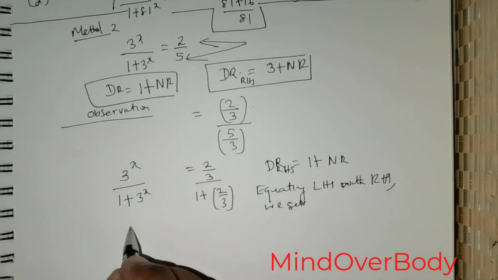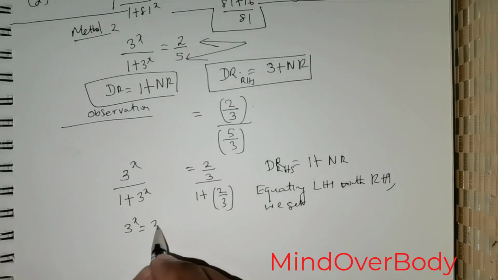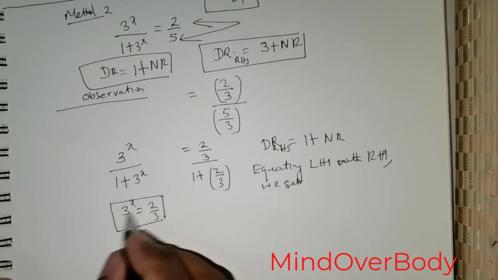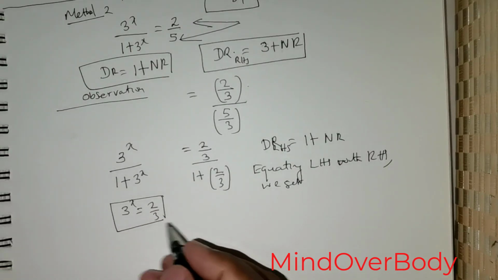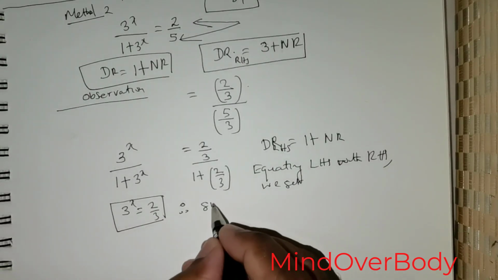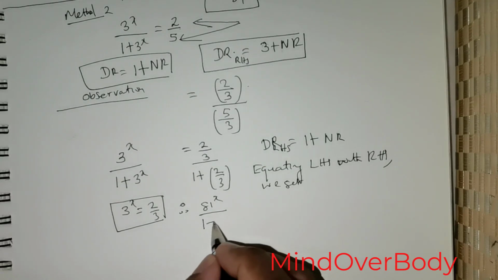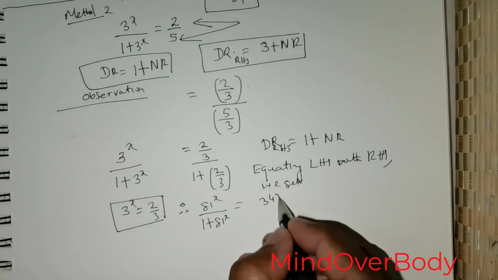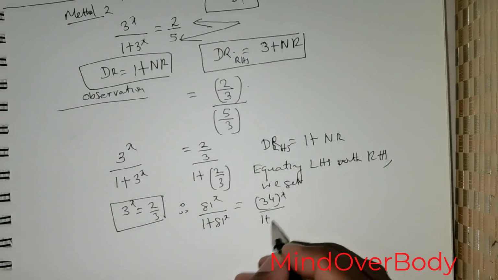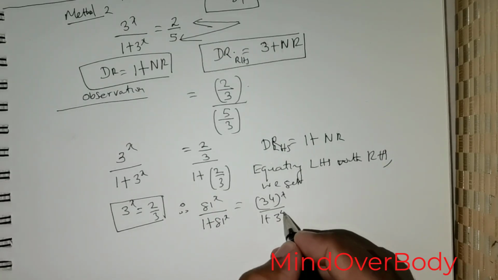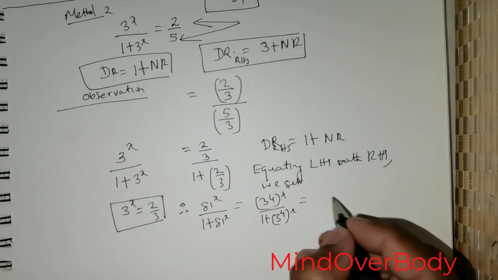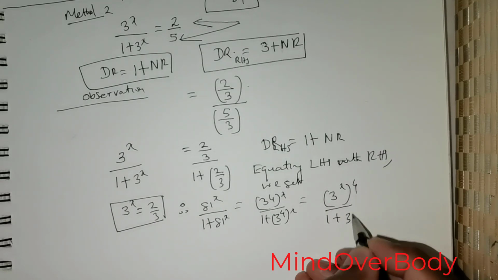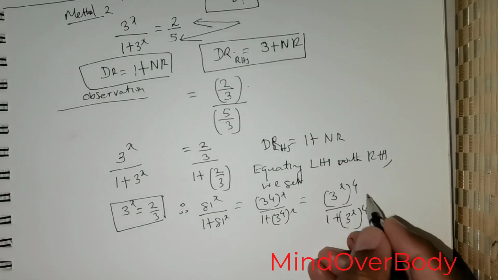So what do we get? I get 3 raised to the power of x is equal to 2 over 3. So that is the solution I get. However, since I got 3 raised to the power of x is equal to 2 over 3, therefore I can write 81 raised to the power of x divided by 1 positive 81 raised to the power of x as 3 raised to the power of 4 raised to the power of x divided by 1 positive 3 raised to the power of 4 raised to the power of x, which can be rewritten as 3 raised to the power of x raised to the power of 4 divided by 1 positive 3 raised to the power of x raised to the power of 4.